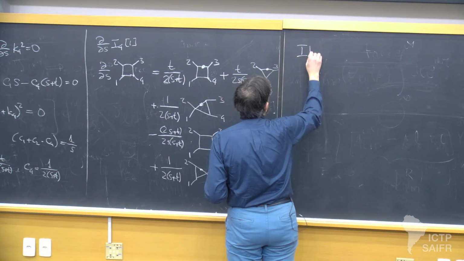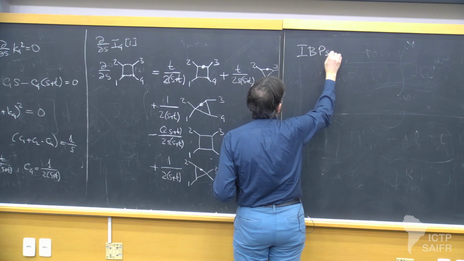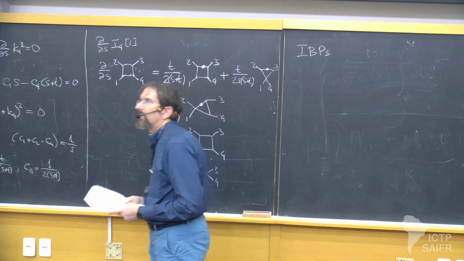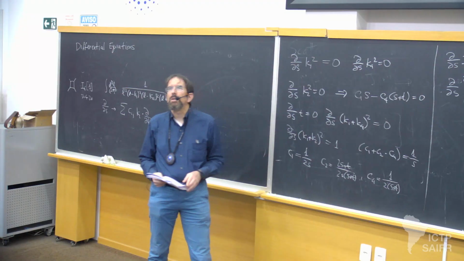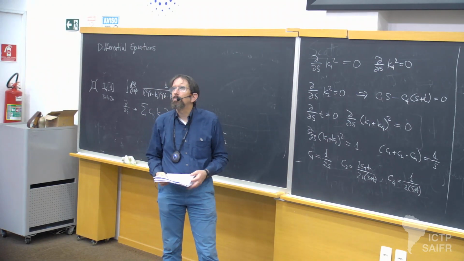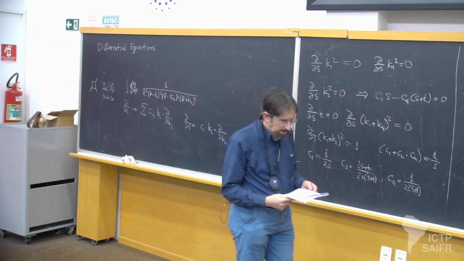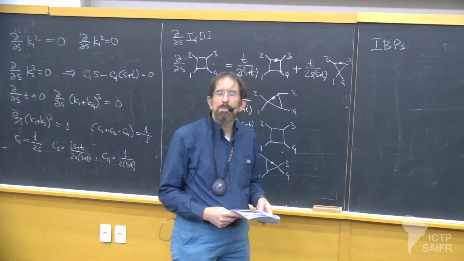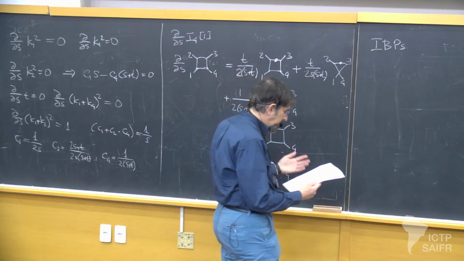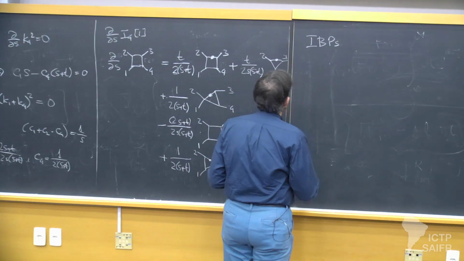I'm not going to work them out. It's not very complicated. It's a great learning exercise if you are trying to get started with either Fire or Kira to do precisely this system, because it's also a system where you could pretty much do things by hand, and so you can understand what it's doing.